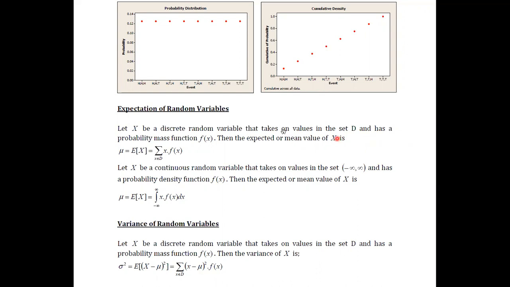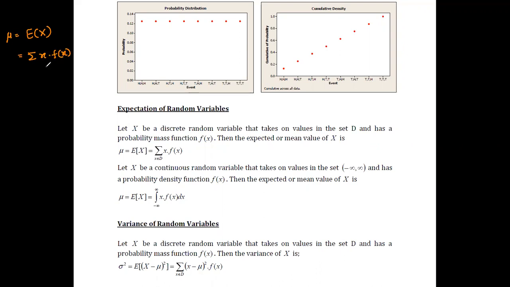In other words, we can say the mean value or the average of x can be obtained as the expectation of x, and this is the summation of x times fx over all possible values of x throughout this set D. Simply, mu or x bar is the expected value of x, which is the summation of x times fx.